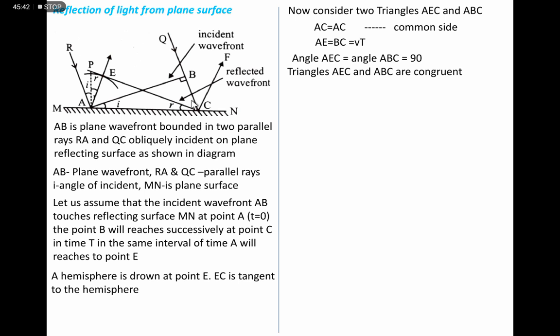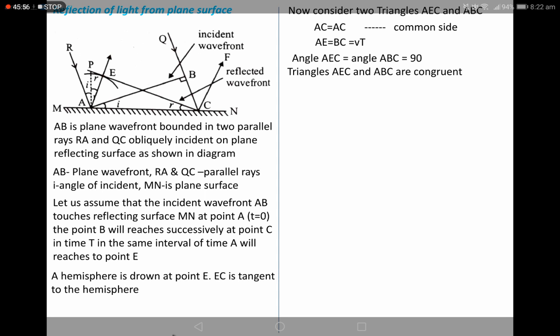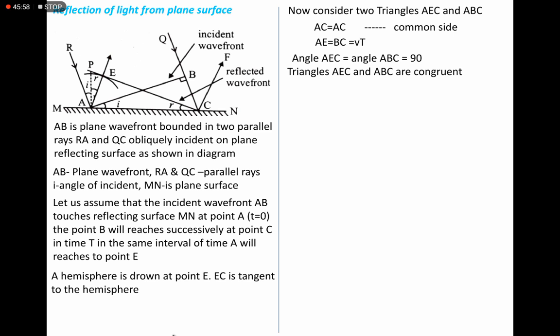So this angle, that is BCA, is 90 minus I, and these angles are equal to each other.